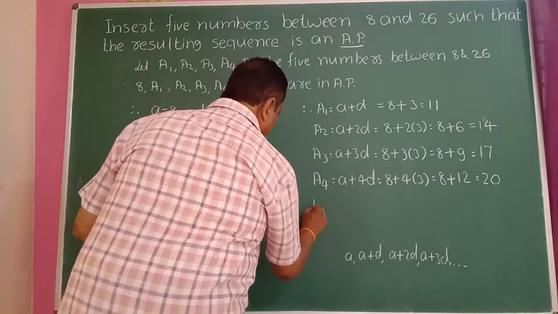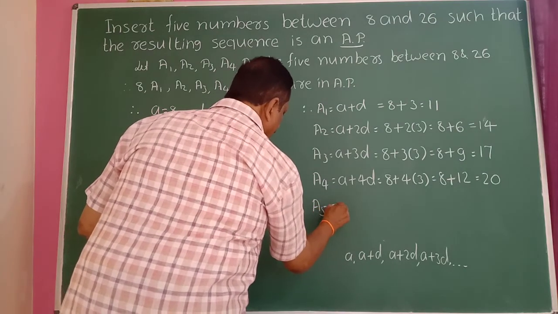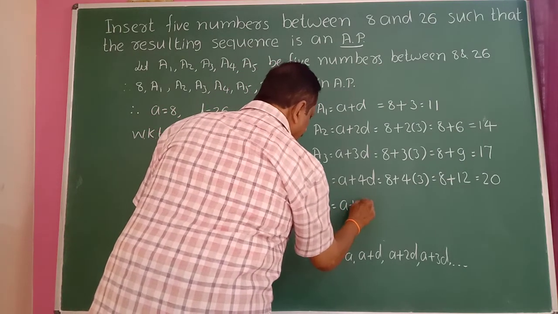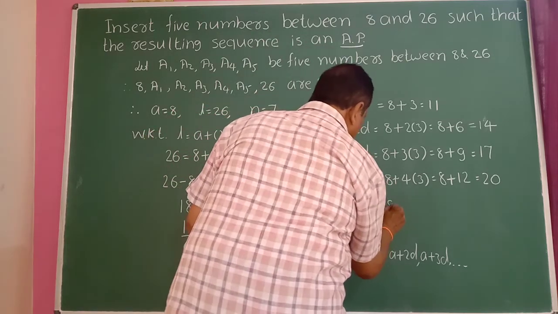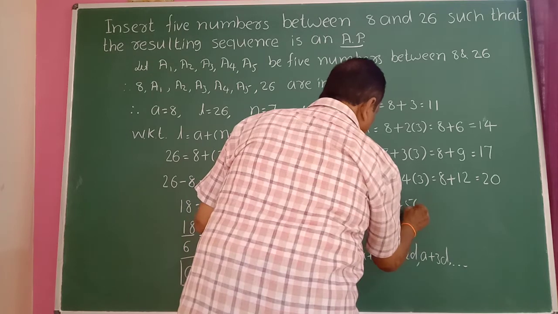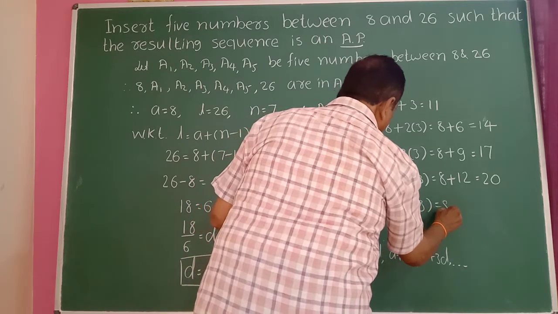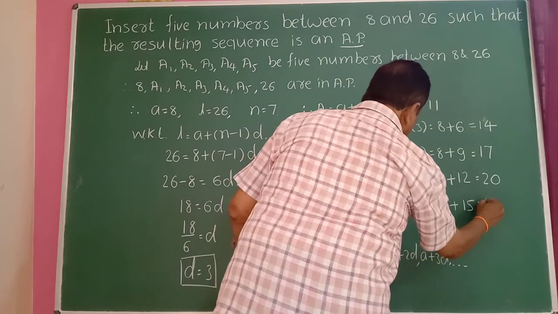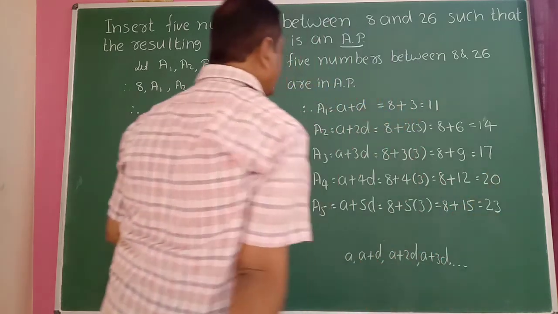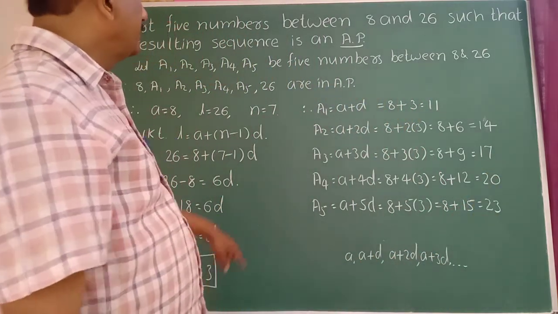Then a5 is a plus 5 into d. Hence 8 plus 5 into 3, which is 8 plus 15, equal to 23. 23 plus 3 becomes 26.